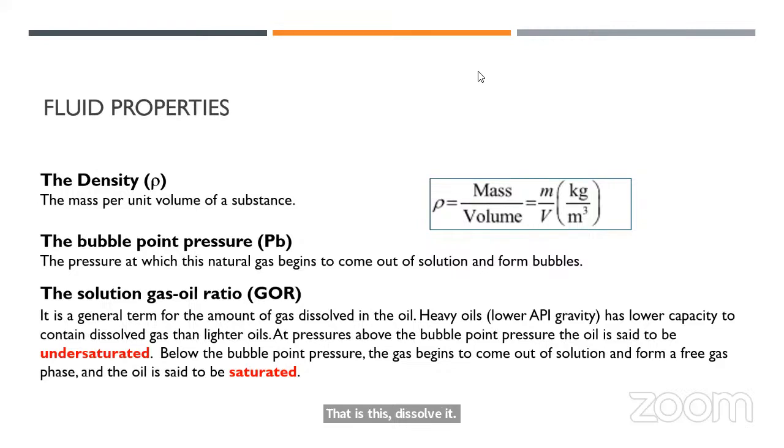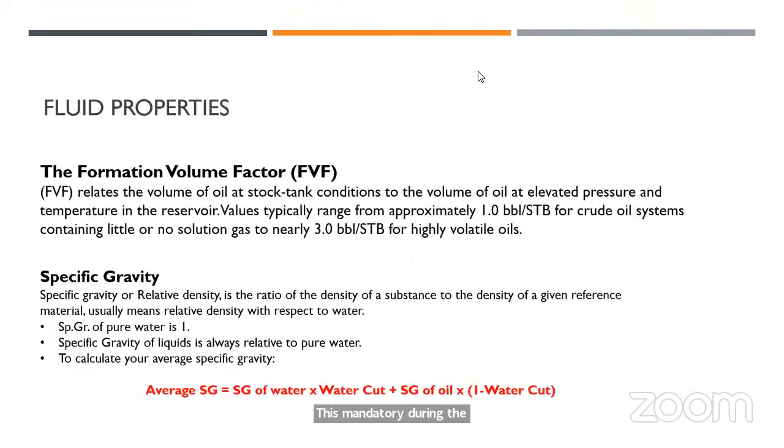At pressure above the bubble point pressure, which we described earlier, the reservoir is said to be an undersaturated reservoir. But if the reservoir pressure is below the bubble point pressure, then we call it a saturated reservoir. And this is one of the selections that is mandatory when building the well model, so you need to understand this concept. This is a basic concept for all petroleum engineers.